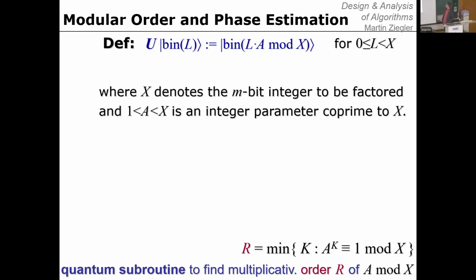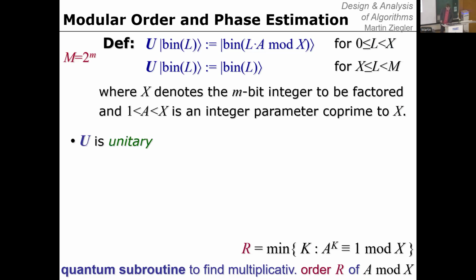When L, the input vector, is less than x, we need to define it also when L is greater or equal to x, but still an m-bit integer. And here we just define it to be the identity. An important first observation is that this transformation is indeed unitary.